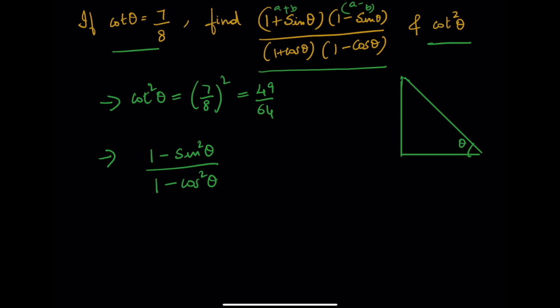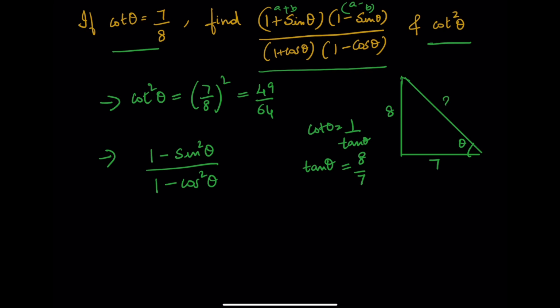If cot theta is 7 by 8, cot theta is 1 by tan theta, so tan theta would be 8 by 7. Tan theta is opposite by adjacent, so this will be 8 and 7.